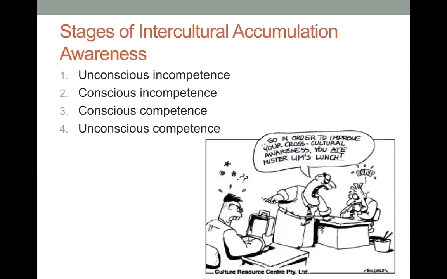So you're unconsciously not understanding. You don't even know you've made a mistake. Conscious incompetence is when you do misunderstand, you're aware that you misunderstood, but you didn't make any effort to understand. So you were like, oh yeah, I don't get that, but I don't care. I'm not going to learn about that.